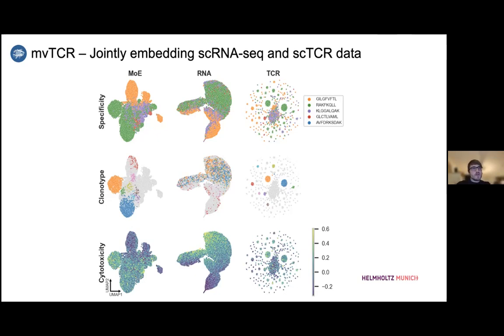So that overall leads us to believe that our latent embedding seems to combine both pieces of information and represents them at least in a concise manner.